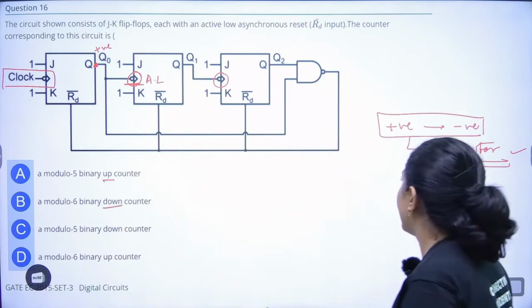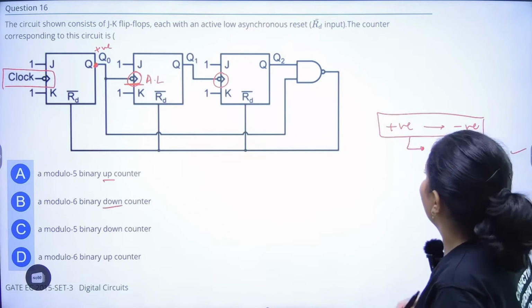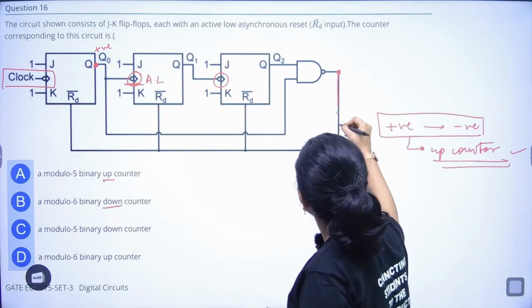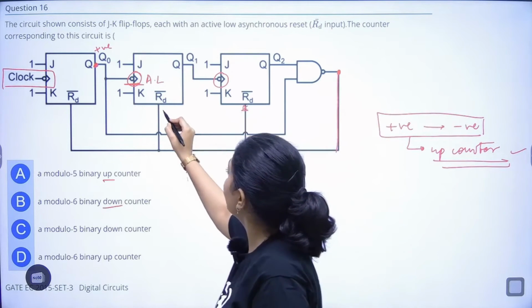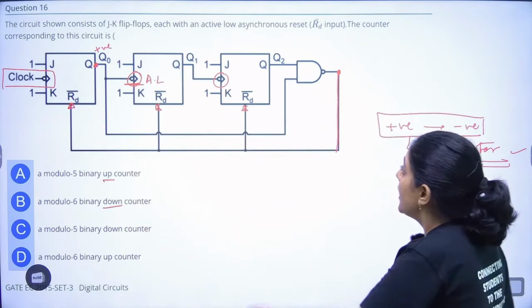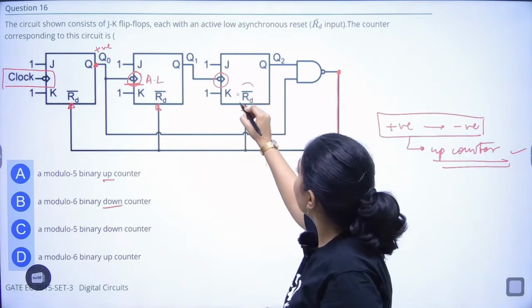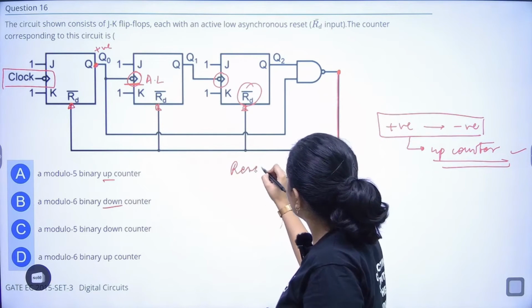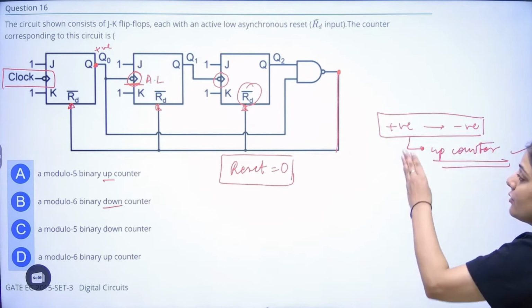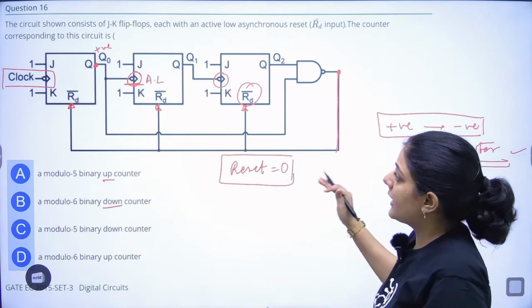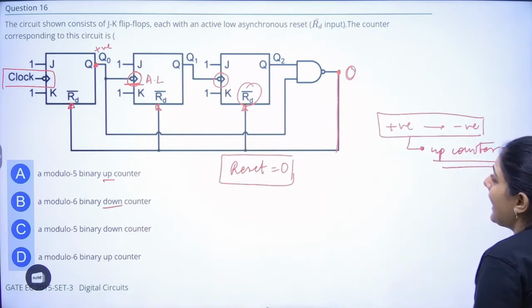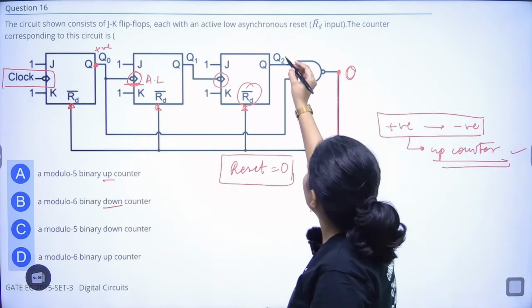Now we have to find out what the mod of this counter will be. In order to find out the mod, this value is given to reset, which will reset them to 0. So its value should be 0 because reset is active low. So reset should be equal to 0 in order to make the values of all 3 flip-flops equal to 0.